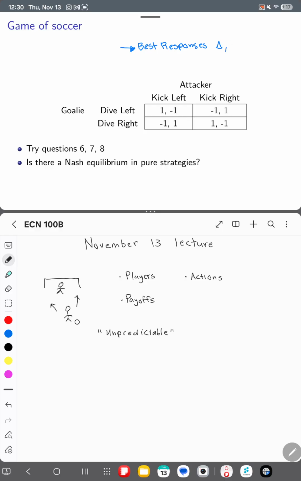Okay, so let's think about the attacker kicking left. And I'm going to now answer the questions. I don't need to ask you, this is kind of very simple. If the attacker kicks left, the goalie's best response is to dive left, because then they would just save the goal. So I'm going to put the triangle over here. If the attacker kicks right, then the goalie's best response is to dive right. And that means I'm going to put the triangle over here.